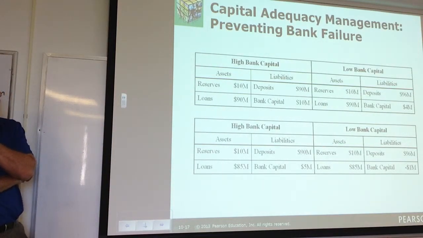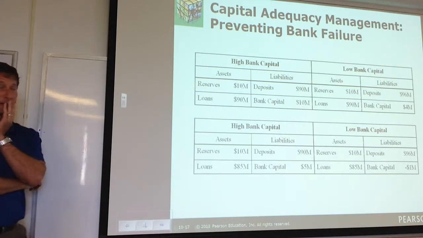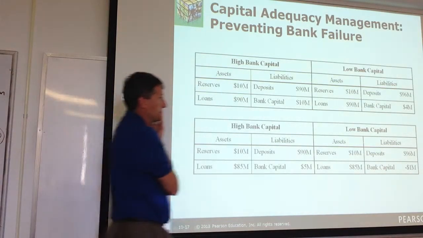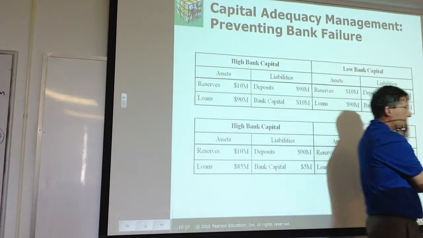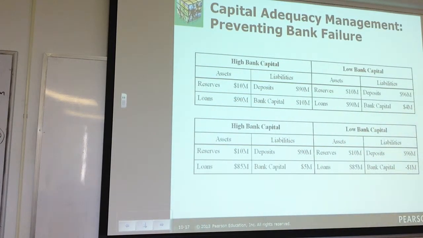Are we assuming that if bank capital goes negative, then you have a bank failure? Yes. Okay. Aren't you just showing the difference between, for example, a regular bank on the top line and a little bit smaller bank on the bottom?